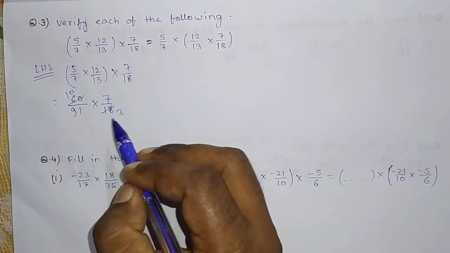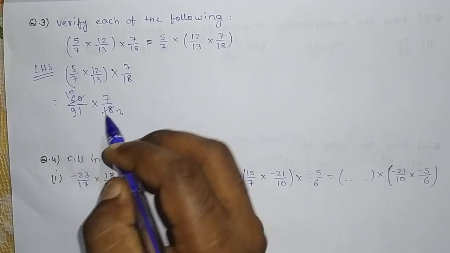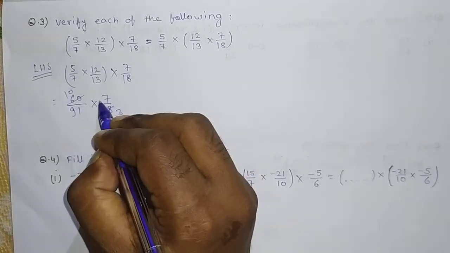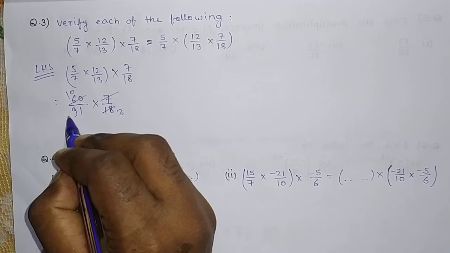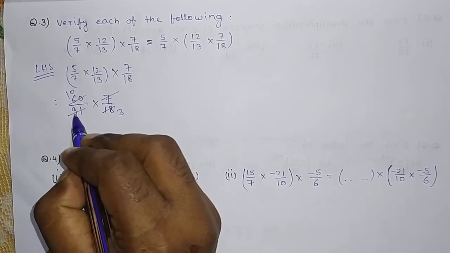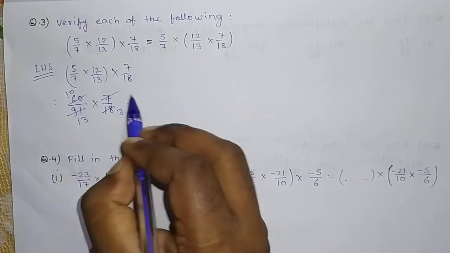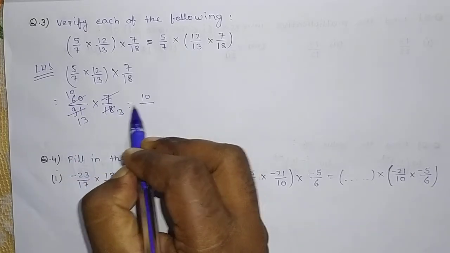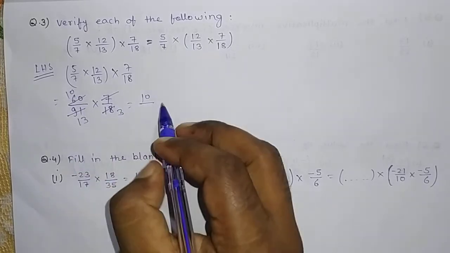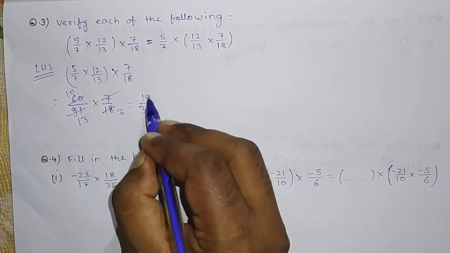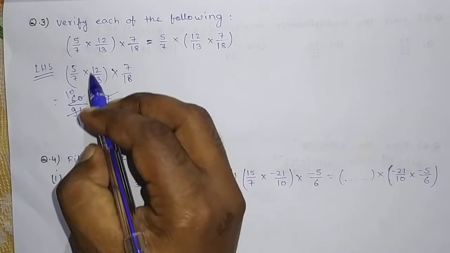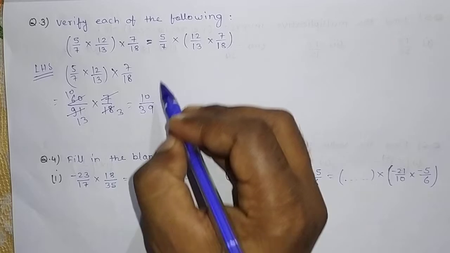Now 7 and 91, just cancel it. 7 1s are 7, carry 2, 21. 7 3s are 21. Now 10 is here, divided by 13 into 3, that is 3 3s are 9, 3 1s are 3. 10 upon 39. Now LHS is 10 upon 39.